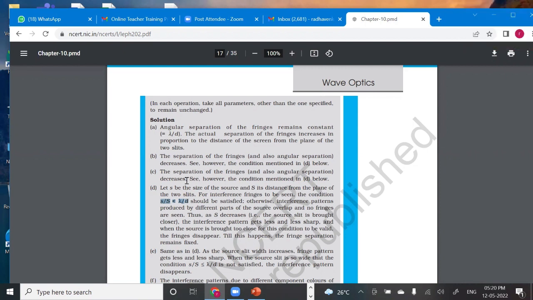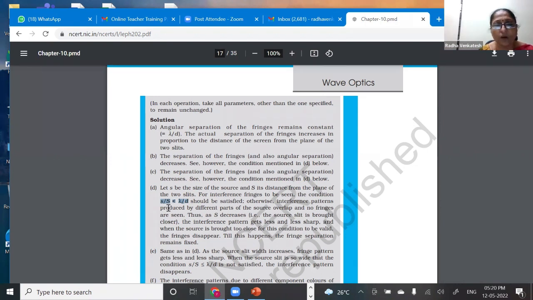Similarly, the separation of the fringes decreases provided this condition is satisfied. So for every change, this condition must be satisfied. Then only it is fine. Are we clear? The first question is about capital D, right?